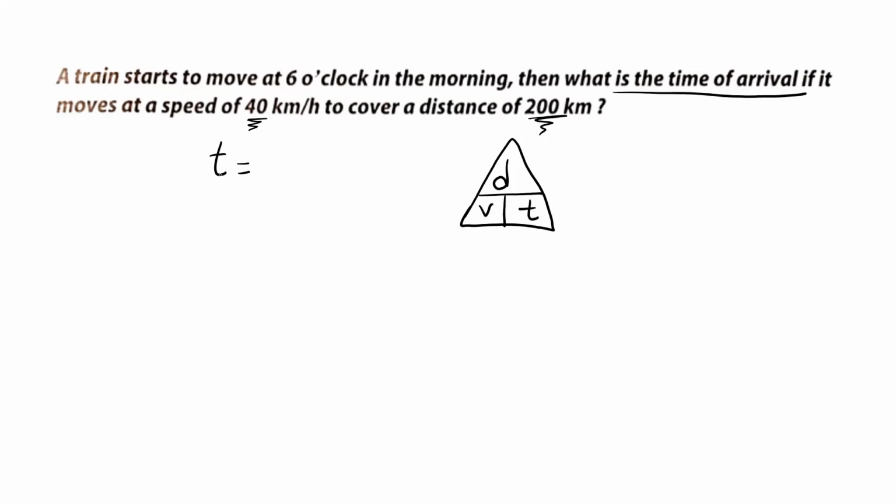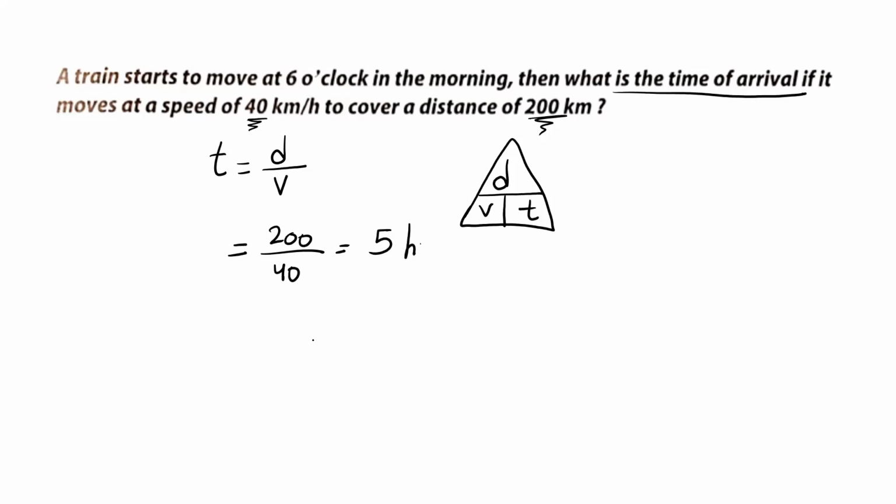So t equals the distance divided by the speed. Yes, very good. So 200 over 40 equals 5. Then it will be 5 hours.